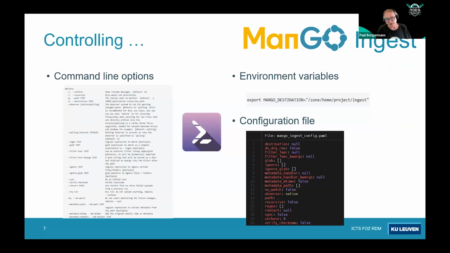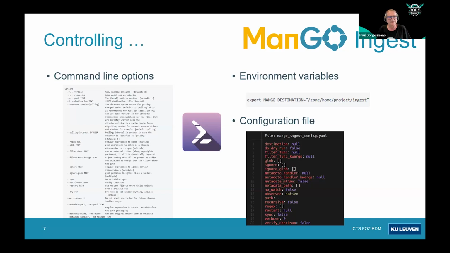Now, to control ManGO Ingest, there are various options. Because the script employs click, which is a cool Python library from pallets.org. That's also the global organization that provides Flask. Flask is used for the ManGO portal.